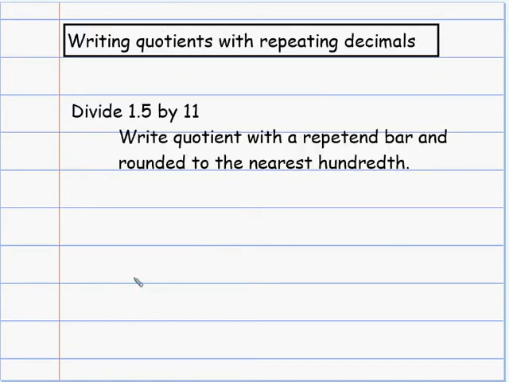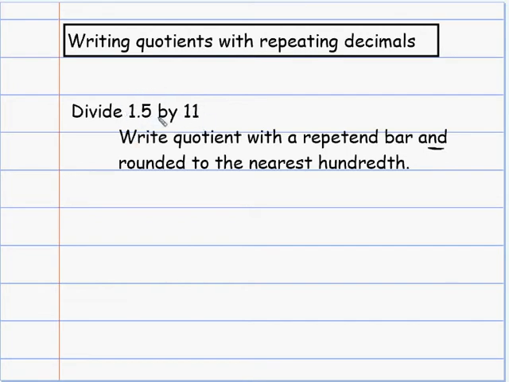Okay, last thing that we need to do today is to write quotients with repeating decimals. So we're going to divide 1.5 by 11, and we're going to write the quotient with a repeating bar and rounded to the nearest hundredth. So we're going to have 2 answers, and the first thing that you need to make sure that you're doing is put these in the right spot.